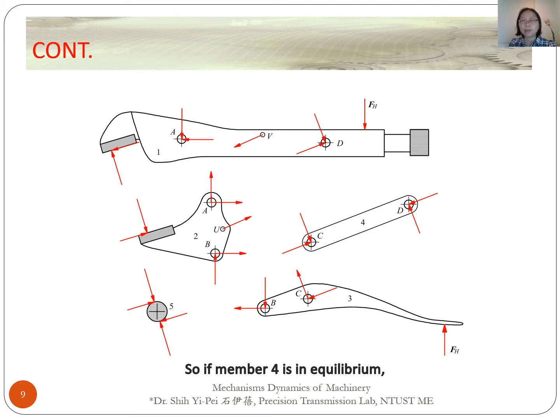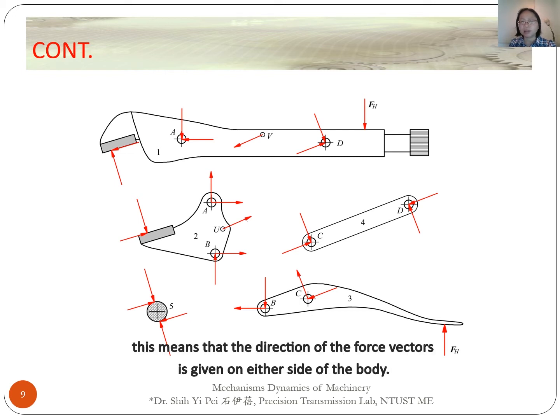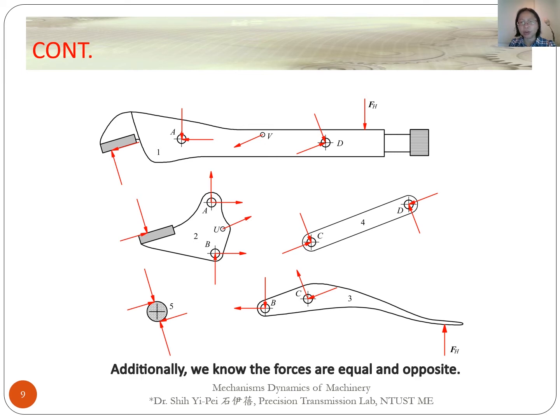So, if member 4 is in equilibrium, we know that the forces must act along the line between the 2 connection points C and D on the body. This means that the direction of the force vectors is given on either side of the body. Additionally, we know the forces are equal and opposite.